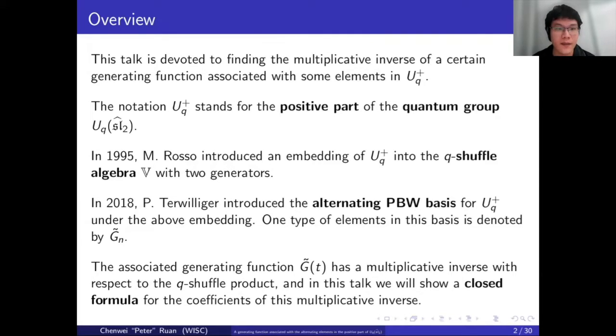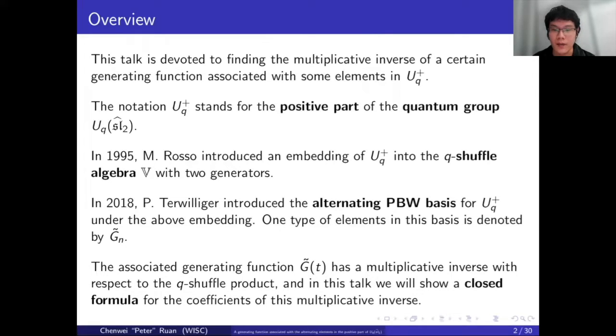So back in 1995, Rosso introduced an embedding of Uq+ into the q-shuffle algebra V with two generators. And in 2018, Terwilliger introduced the alternating PBW basis for Uq+ using Rosso's embedding.